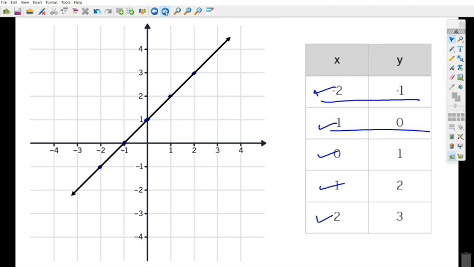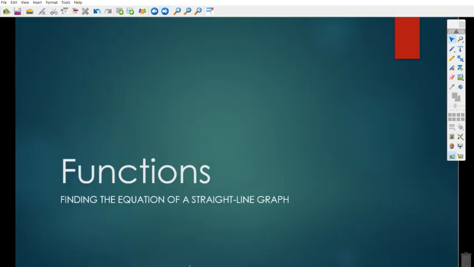So just having that in mind, how are we going to find the equation of a straight line graph? In order to find the equation of any graph that we're going to be doing, we always need to start with the general equation. So the general equation for a straight line graph, can anybody remember?